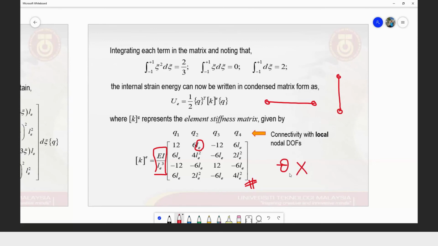But when we come to the frame later, which is we have several beams, we join them together to form certain shapes, then the angle will play an important role again, macam kita buat pada plane trusses kan. So this is our K. K will be supplied as well, so tak perlu risau.